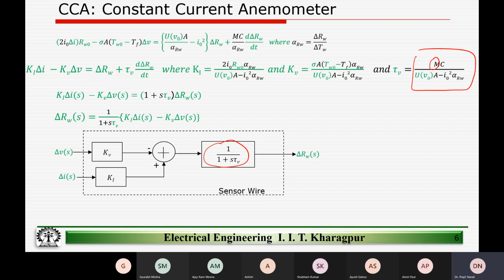So what does that tell us? What do we want our time constant to be in a sensor? Do we want the time constant to be very high, or do we want it to be very low in these kind of applications? Common sense. Very low, right? We want it to be as low as possible. So if we want tau v to be low, we see that the mass m needs to be as small as possible, right?